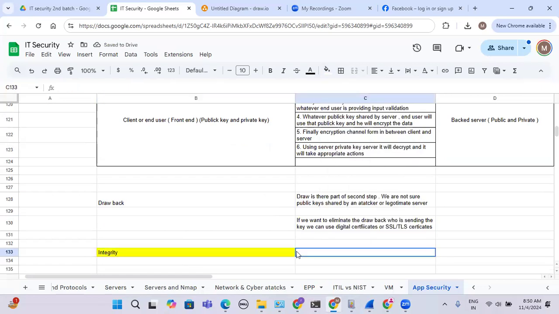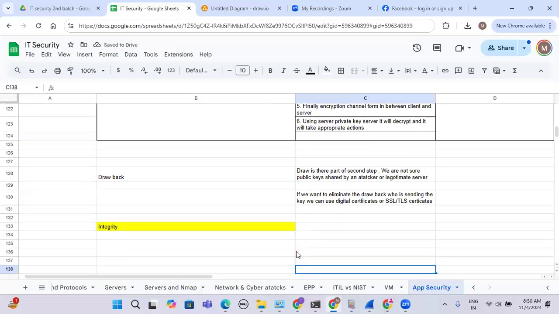So what is integrity? Data manipulation. Trustworthiness of the data, yes, in simple words. Or secrecy of the data, or otherwise an unauthorized attacker or end user cannot add, delete, or modify the data. Data manipulation he should not do. So that is called integrity.